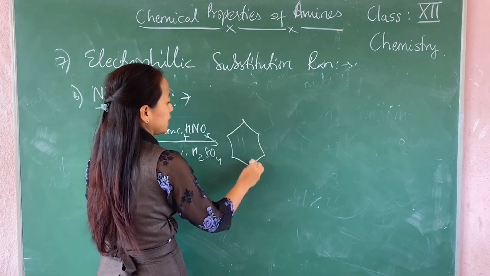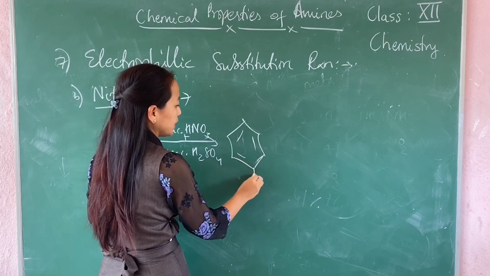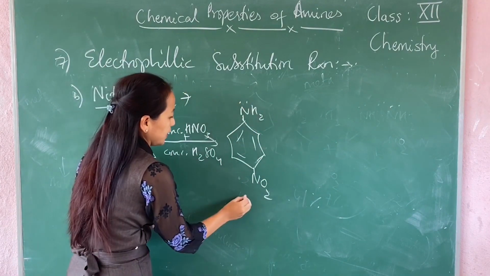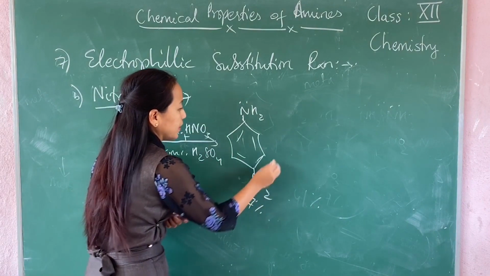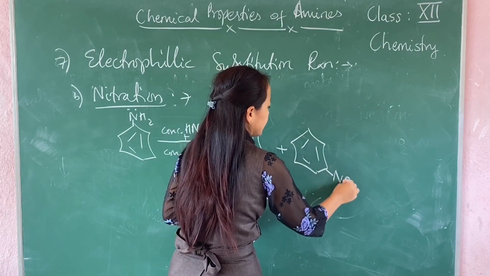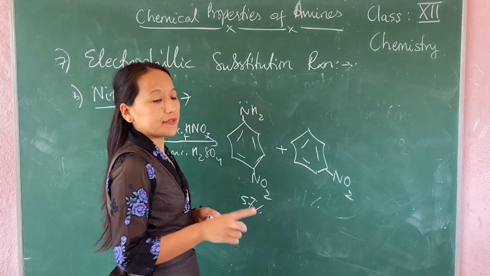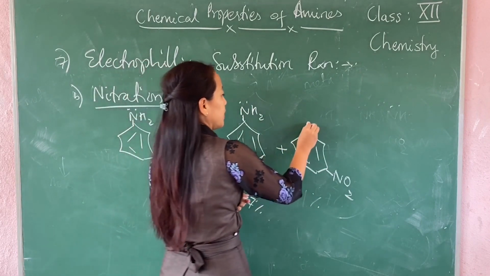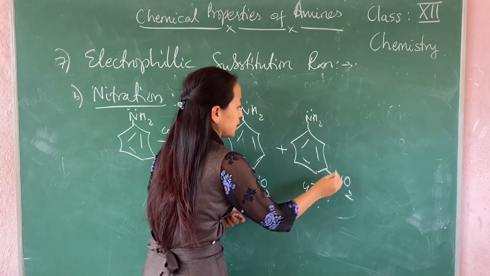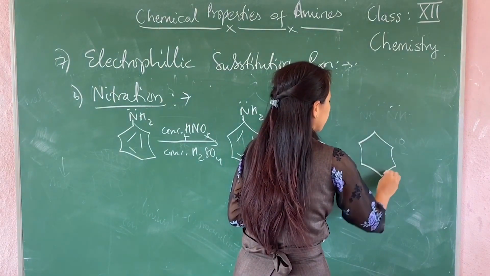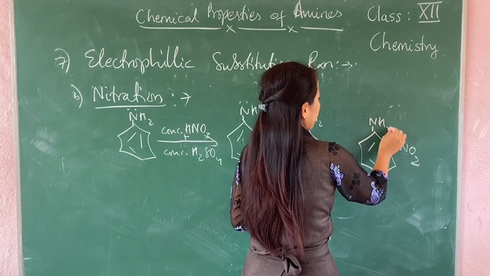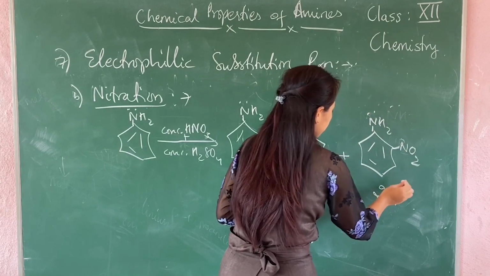You are going to get a mixture of para product, which is in 57%, and then you are also going to get meta product, that is NO2 group on the third carbon atom. Meta means third carbon atom, NH2. This is 47%, and you are going to get an ortho product in which you have NO2 on the second carbon atom. Now this product is 2%.